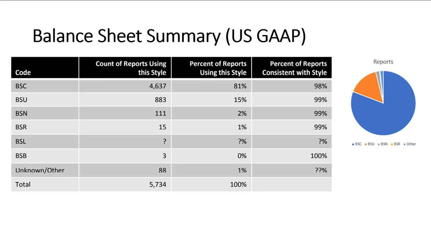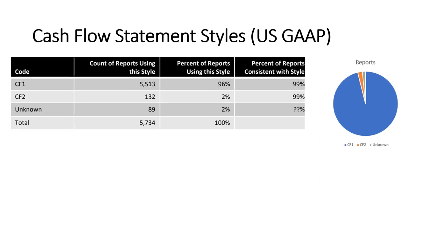So to summarize this, balance sheets: the blue and this brownish orange, this is classified, this is unclassified, and this is the rest. The first two are the vast majority of the different models of a balance sheet. The cash flow statement is similar.